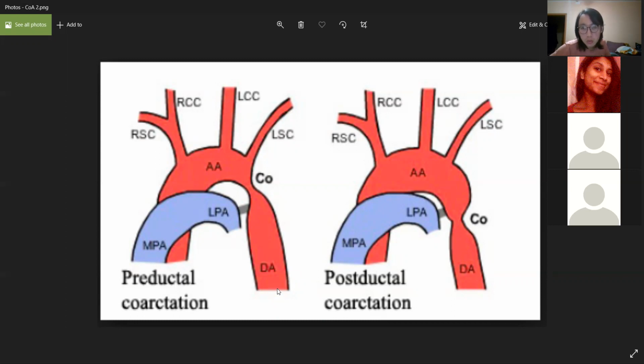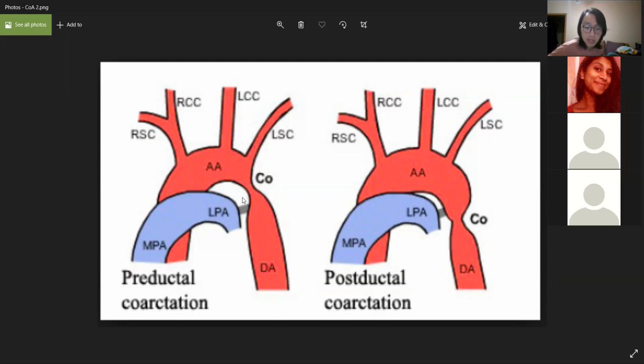And so the perfusion of your lower extremities is now highly dependent on your right ventricle. So your right ventricle pressure will now increase because of this. And as the patient grows, as the infant becomes older, the patent ductus arteriosus will slowly close and disappear.